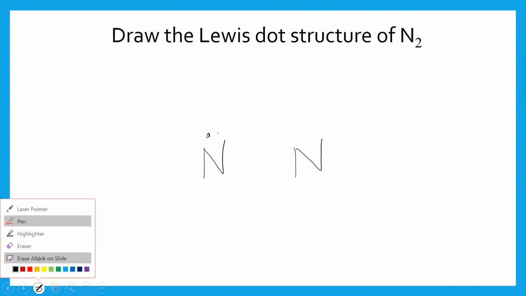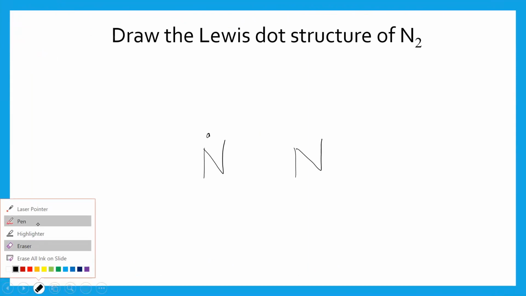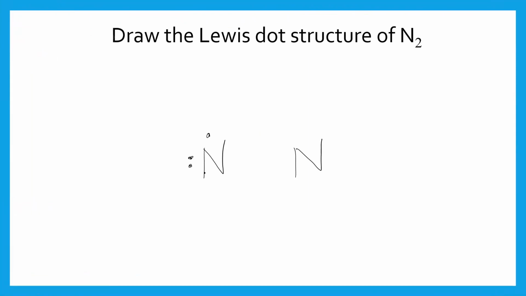So one side's going to have 2 dots. The other sides are going to have 1 dot. Every lonely dot wants a friend on the other atom. Okay. So this can form a bond, this can form a bond, and this can form a bond.